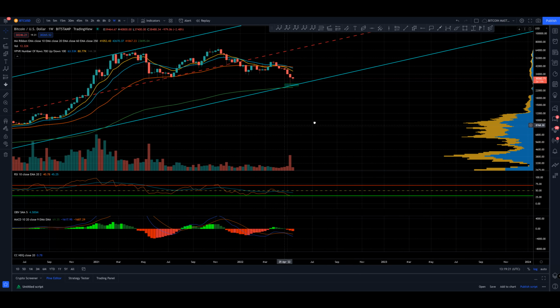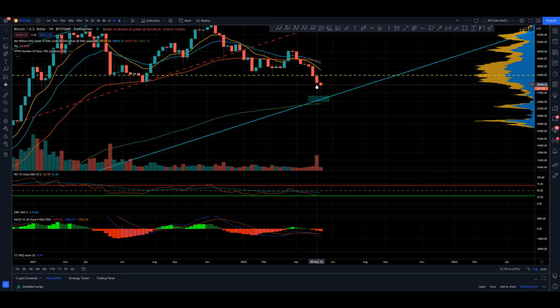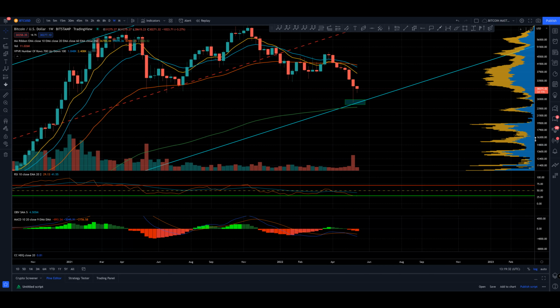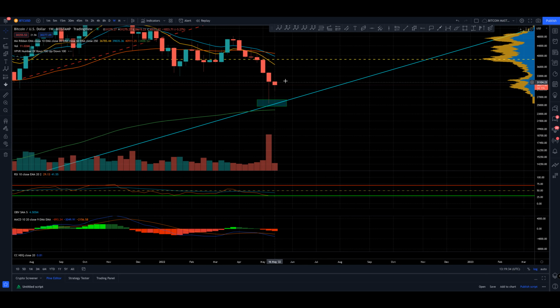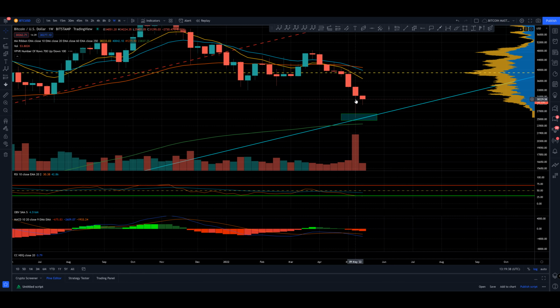If we come in and have a look at the candle here, we can see that we've got a long wick to the downside stopping before the 250 near the edge of the channel. That's quite a bullish candle, there's no doubt. It's not the most bullish candle, and so far this week is looking, unfortunately, very weak.